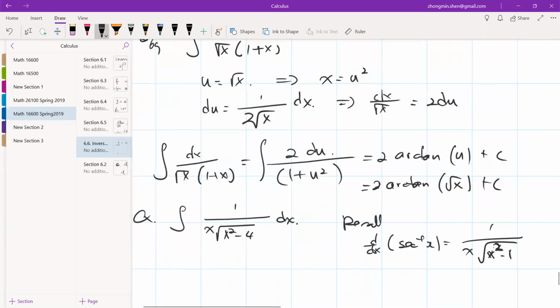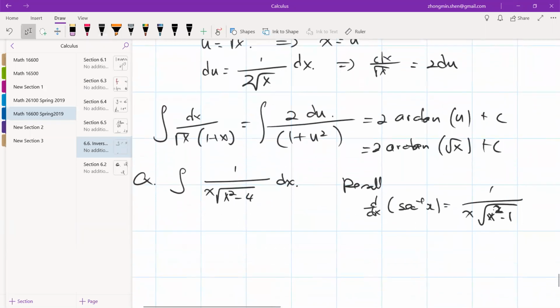So the only small difference here is the constant. So what we do is use substitution to modify the function. So I let x be 2u. Then dx equals 2 du.